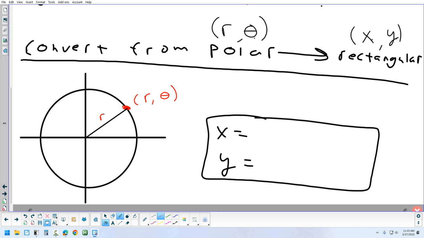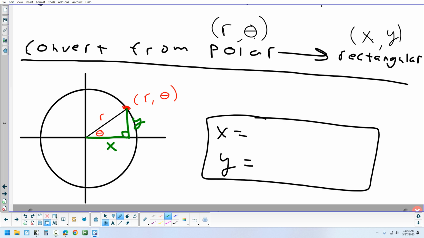This is going to be the name of a side in a triangle in a second, but it's the rotation amount between the polar axis and that point. So that's theta. Now we want to convert those 2 things into a horizontal amount of distance and a vertical amount of distance. We want to figure out the x and the y.